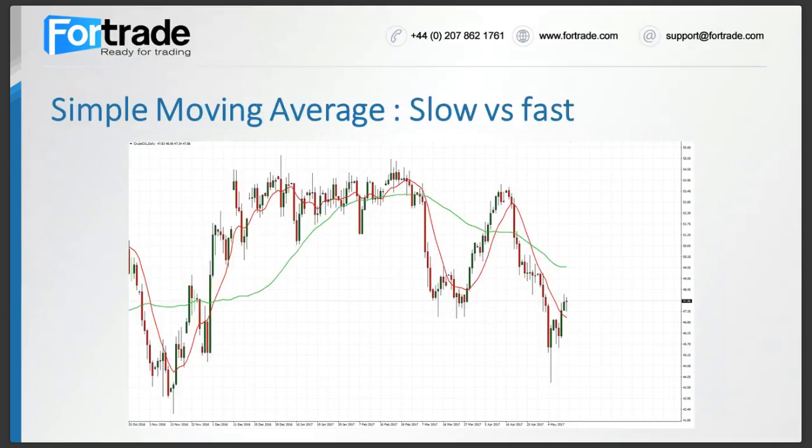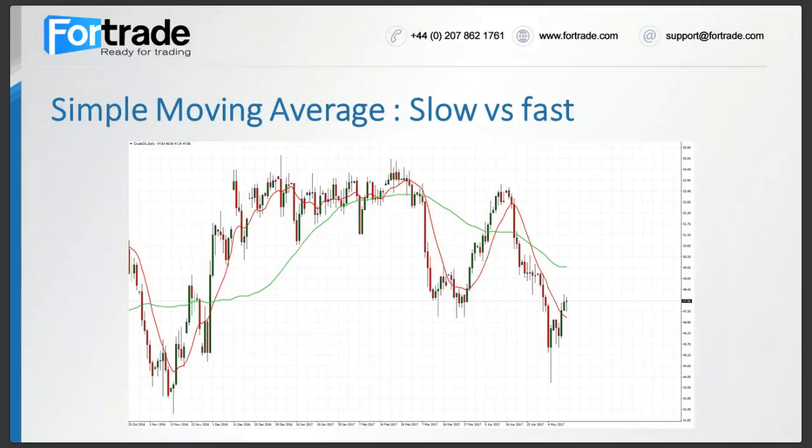A simple moving average simply takes the sum of all past closing prices over the time period and divides the result by the total number of prices used in the calculation. For example, a 10-day simple moving average takes the last 10 closing prices and divides them by 10.